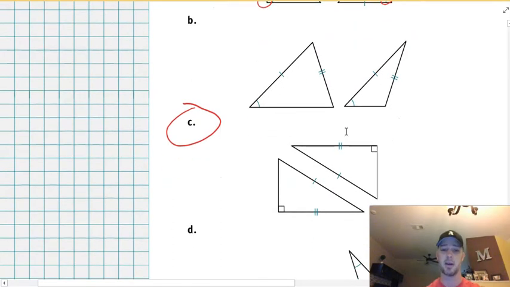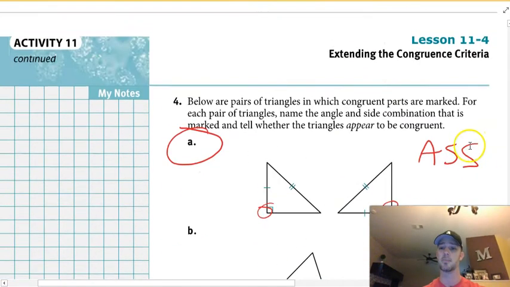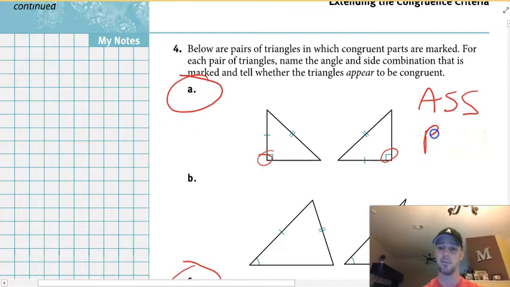And that's why we have a congruency criterion called RHL that does work for proving congruency. If your angle is a right angle and the other two pieces are a hypotenuse and a leg, that is the same thing as angle, side, side, but specifically your angle is a right angle.